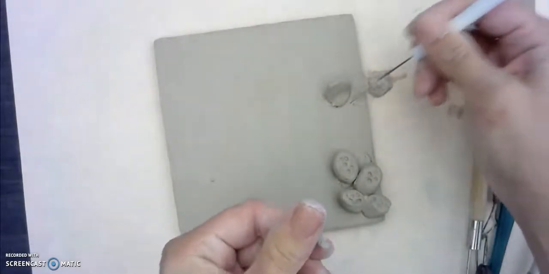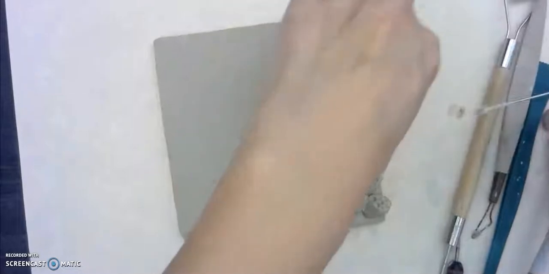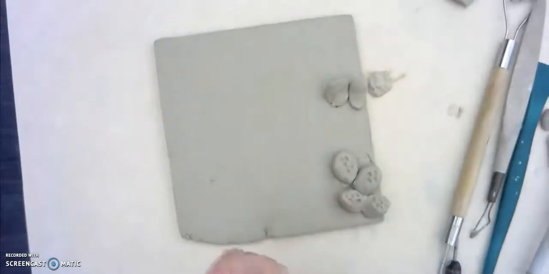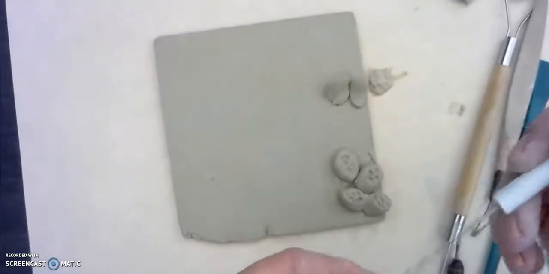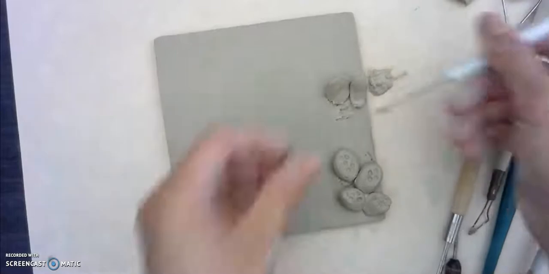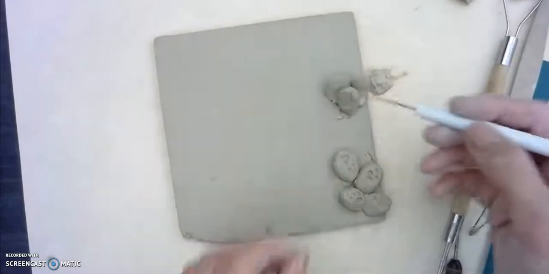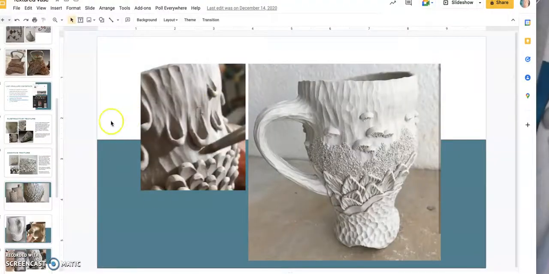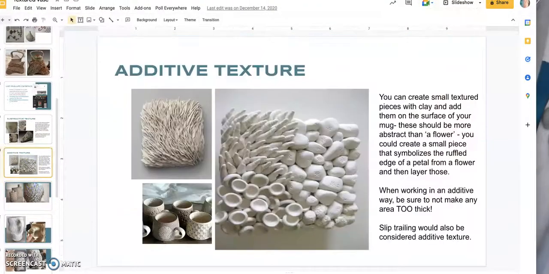How are they going to overlap with each other? That's something to think about. Sometimes students forget and they start adding and then they realize they're running out of room, or they just didn't compensate for the space, right? So now I'm starting to layer this. Again, a lot of choices for additive technique.